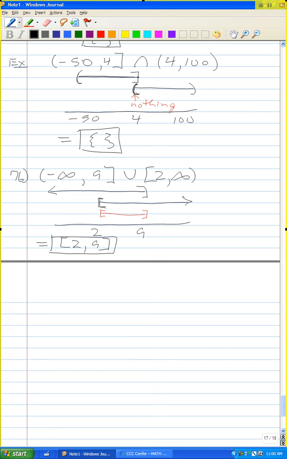Difference and complement. So first, universe. So every set is a member of a universe. And so the universe is a collection of all possible sets.